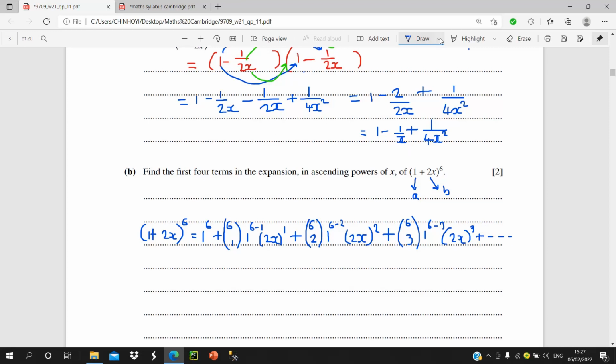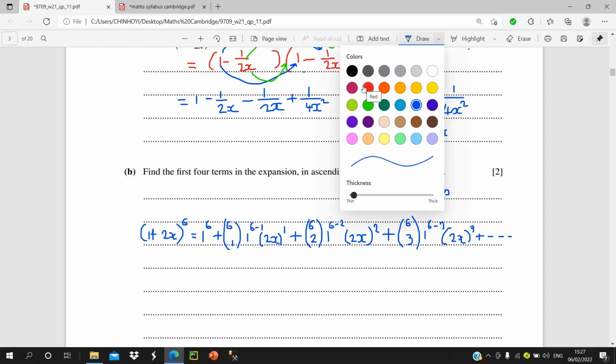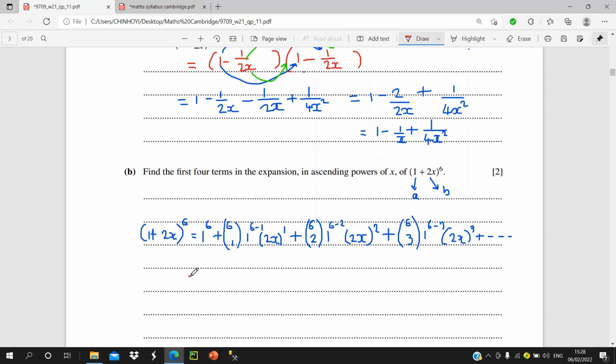Now let's simplify the coefficients. If you take your calculator, 1 to the power of 6 is 1. Then for the second term we're going to say 6 choose 1. I think you know how to use the choose function. If you're using a ClassWiz, it's above the 5 button.